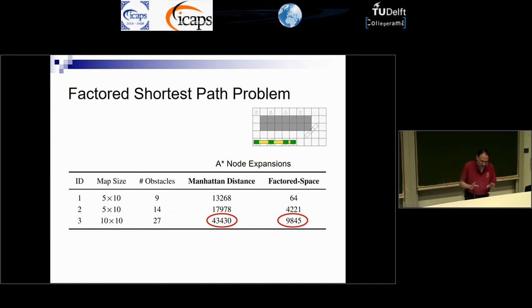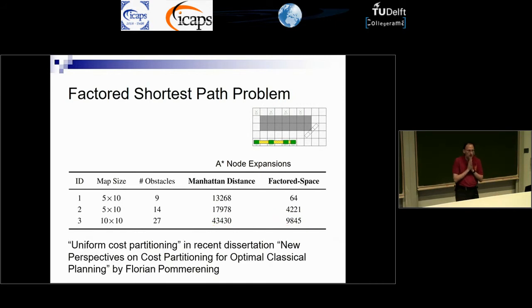Now, there are more experimental results in the paper if you want to have a look, and they prove that you can get a consistent heuristic. But the reason why I'm excited about this is because it relates to recent work in planning, in particular by Florian Pommerening, on cost partitioning. He looked at symbolic planning problems.